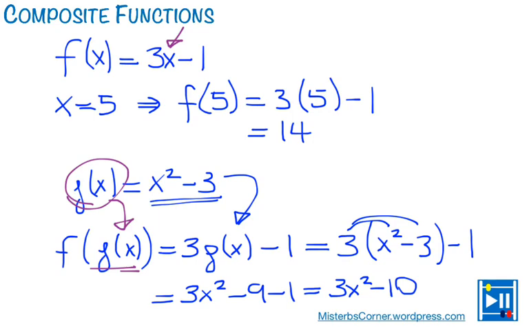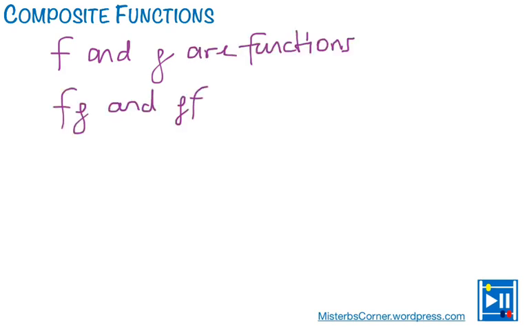So when this happens, we call these two functions composite functions, right? So what happens is, if there are two functions, f and g, fg and gf are composite functions.